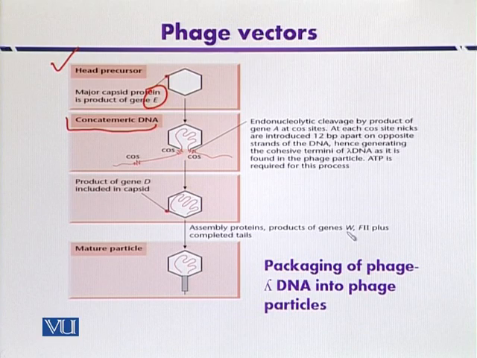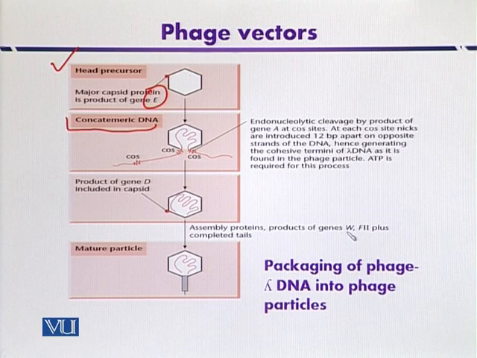As I told you, concatemeric DNA is that type of DNA that contains multiple copies of the same DNA. For example, if lambda genome is there, a number of copies of lambda genomes are there that are separated by the cos or cohesive sites. Because it contains multiple copies of the same DNA, such type of DNA is called concatemeric DNA.